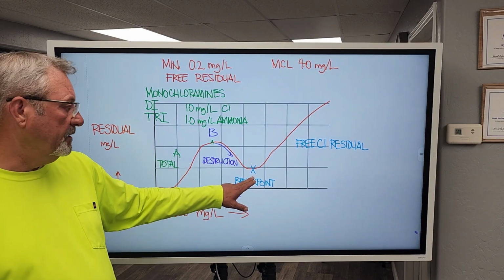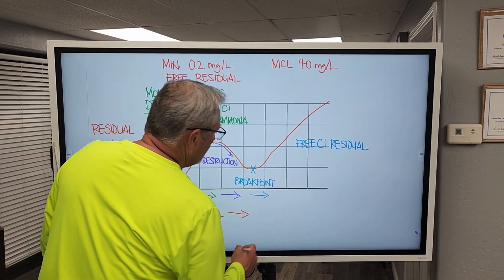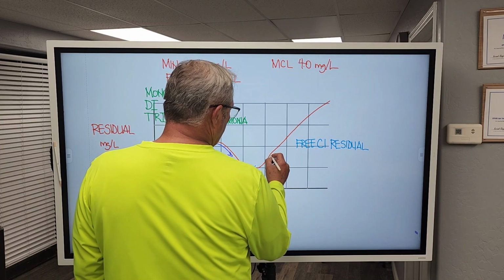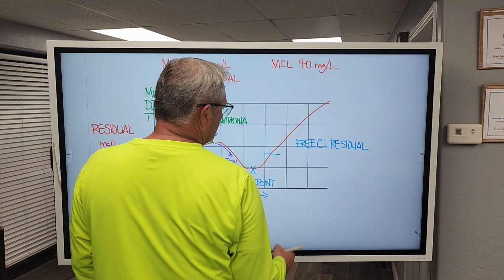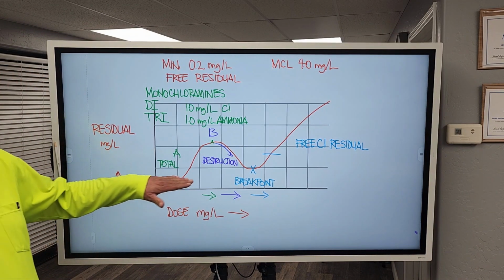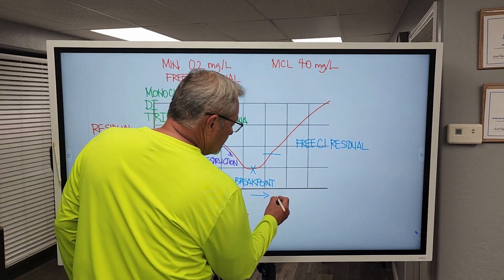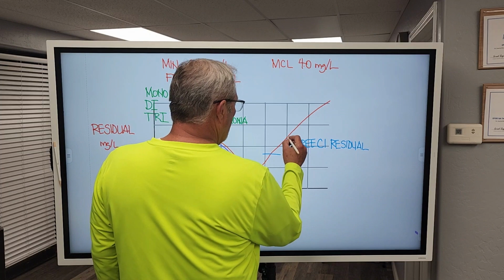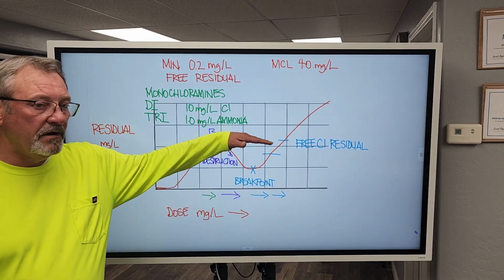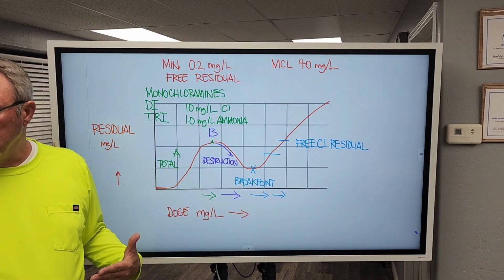We don't know that we hit breakpoint yet. We won't know that we hit breakpoint until we dose again. And when we dose again and the residual goes up, we'll just say right there, if the free chlorine residual appears and the residual rises at the same rate as the dose, then we know we've achieved breakpoint.